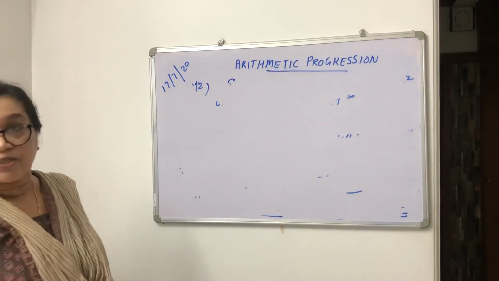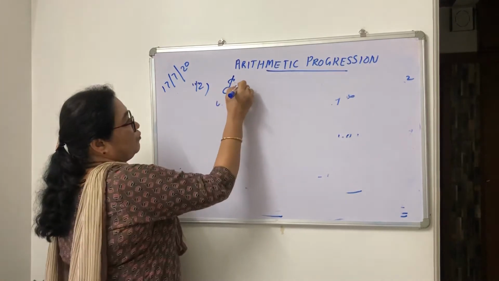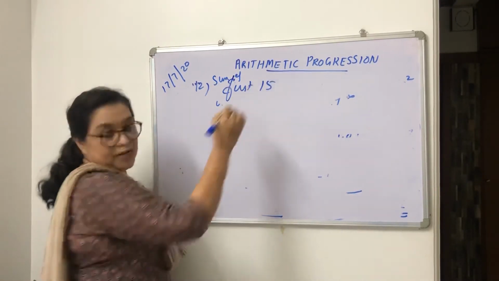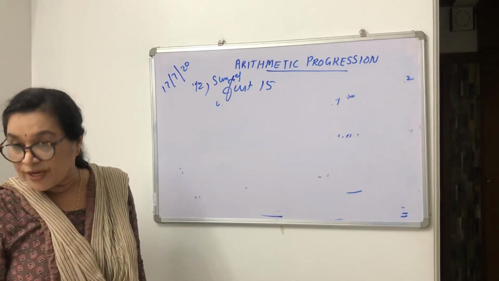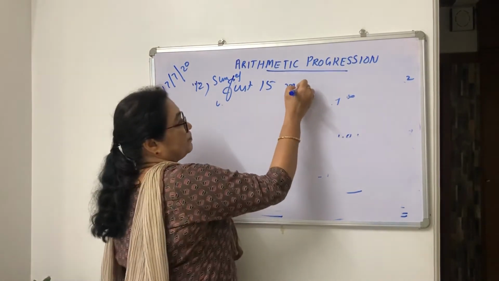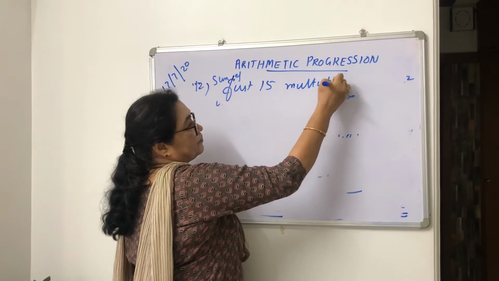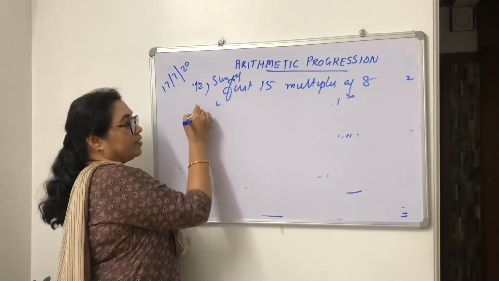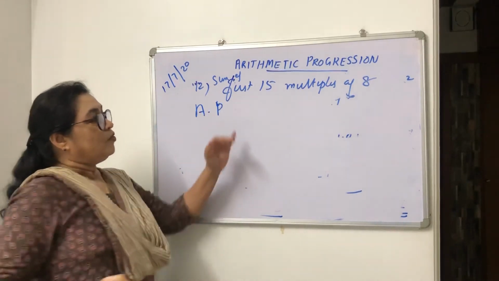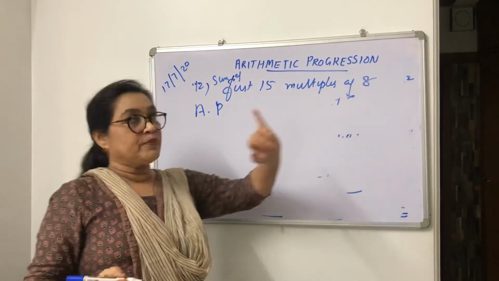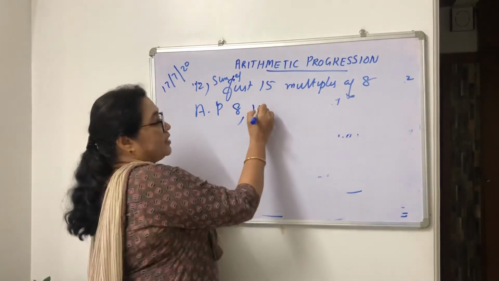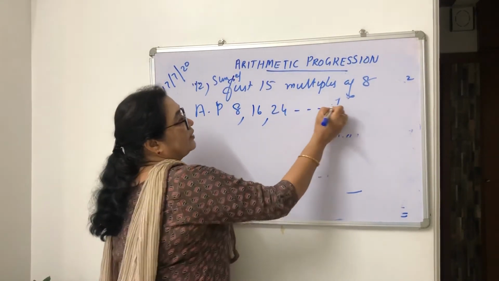Sum of first 15 multiples of 8. Now I'll explain, I'll give you only the AP. First 15 multiples of 8: first is 8, next term is 16, 24, like that.